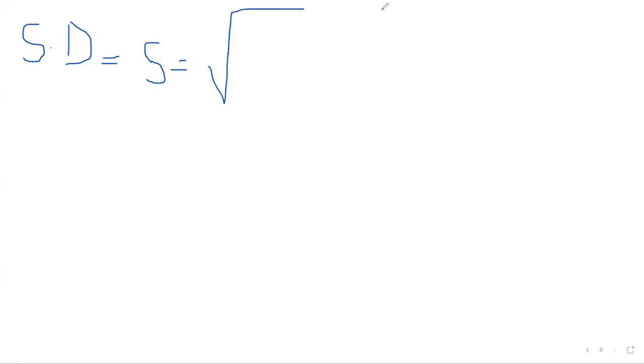My formula will be the summation of D squared divided by n minus 1, because I have only 8 readings in my question. So put the values of D from D1 to D8, do the squaring, and then divide by 8 minus 1.